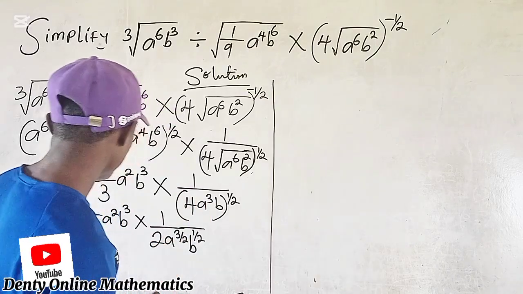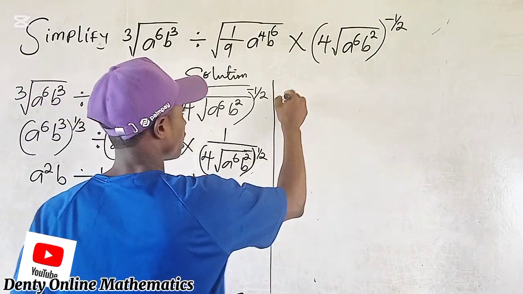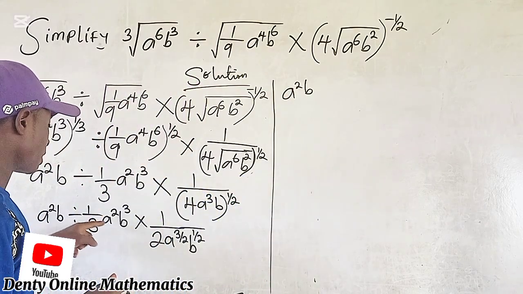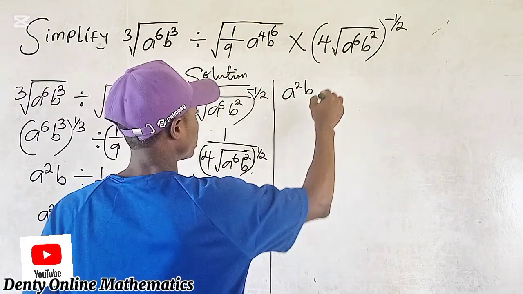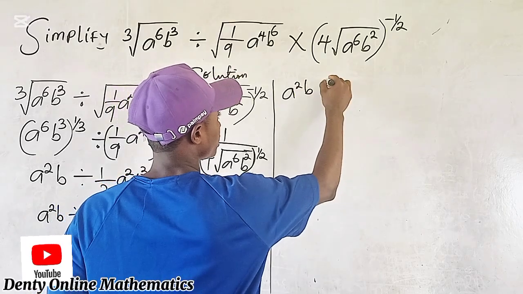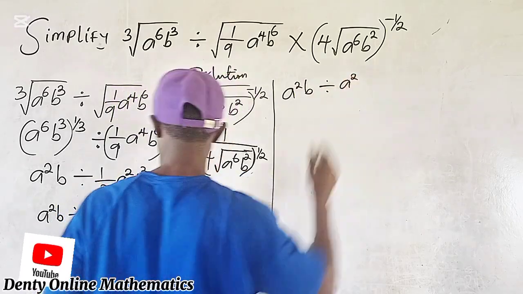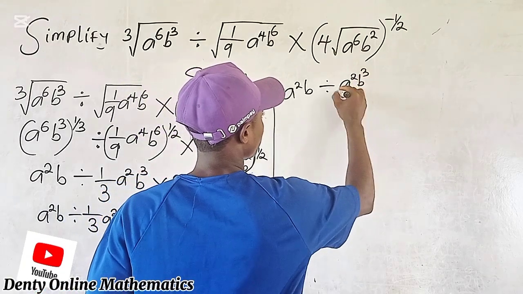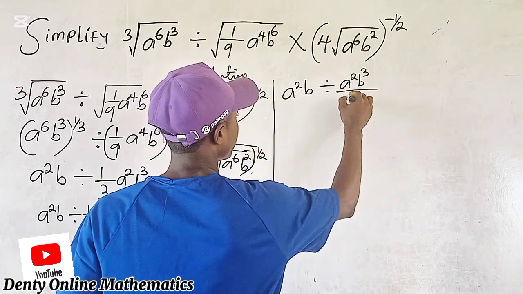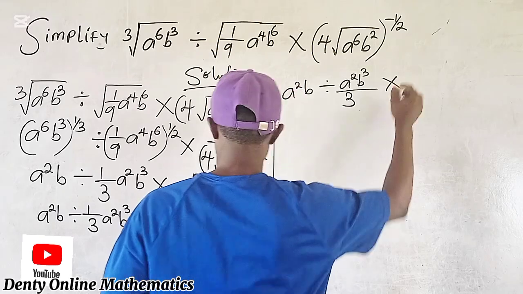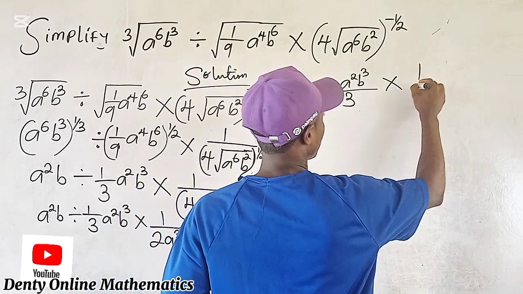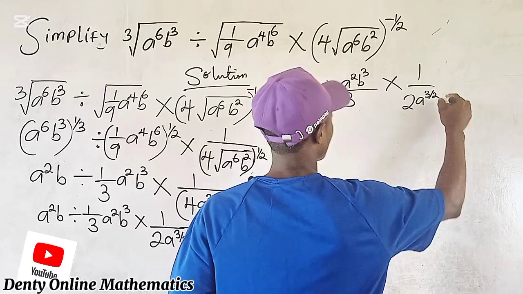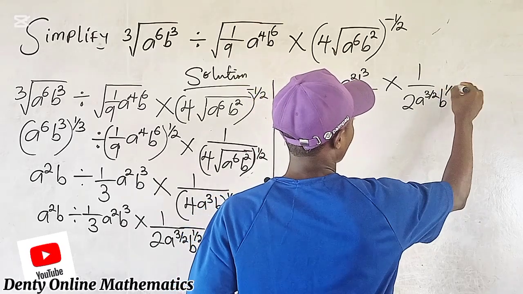You get? So at this point now, I'm going to have a squared b. Now 1 times a squared will give me a squared. 1 times b cubed, all of this divided by 3 multiplied by 1 all over 2a to the power of 3 over 2 b raised to the power of half.